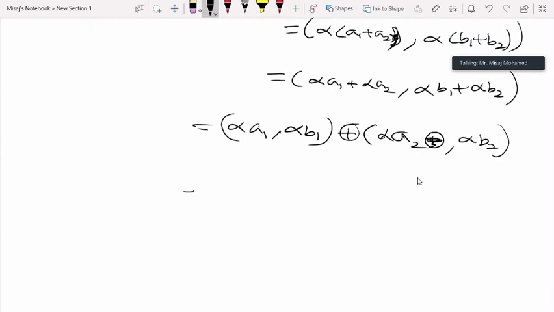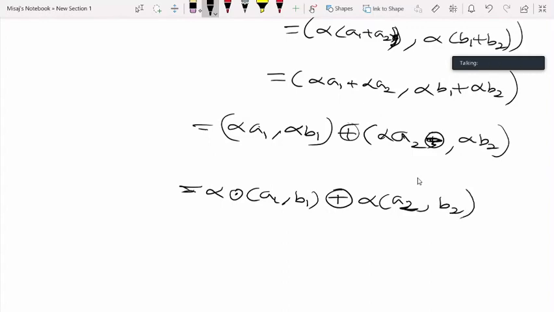So I can take out alpha from here: alpha (A2, B2).